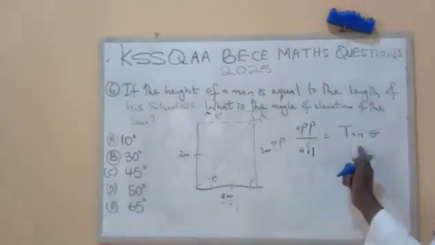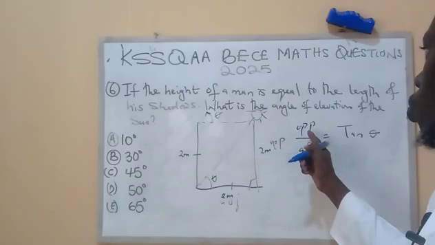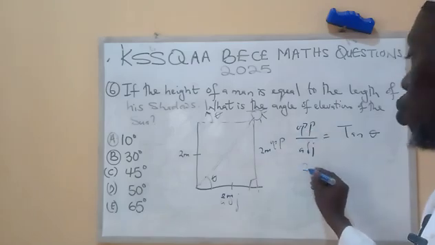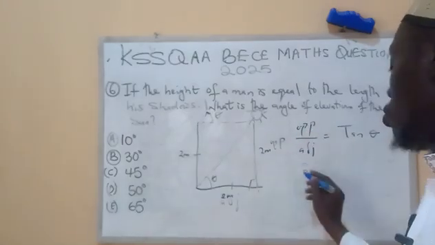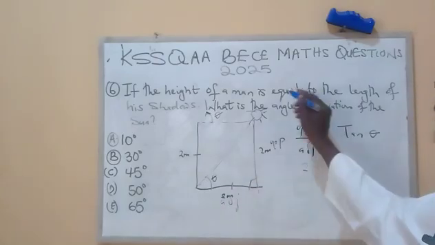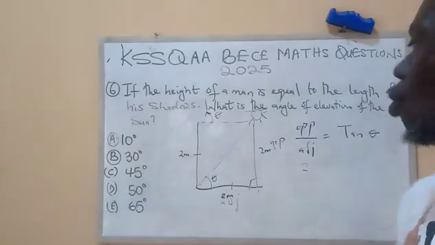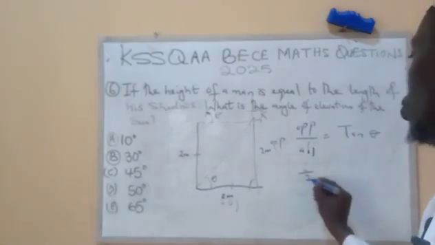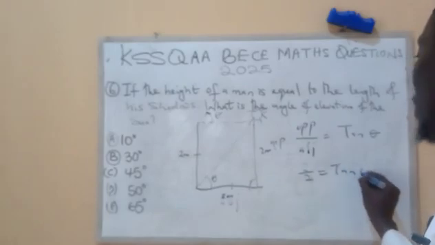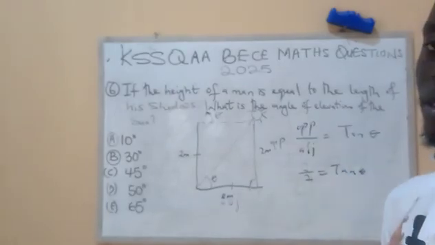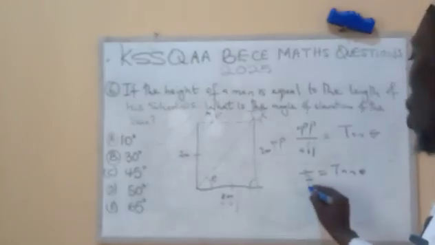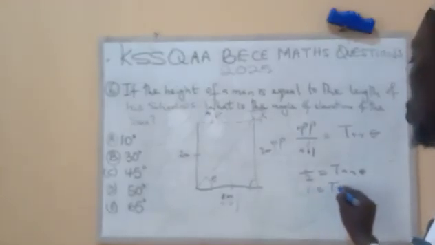This is tangent. So we have said the opposite is 2. Since we assumed, don't forget, it is said that both the height of the man and the length of the shadow are equal. So 2 all over 2, which is called what? Tan theta. And 2 over 2 is what? 1.